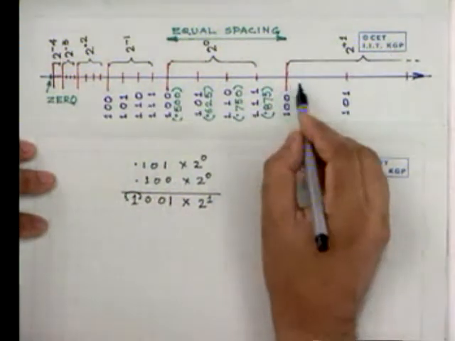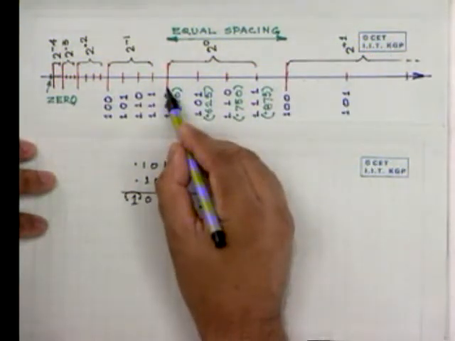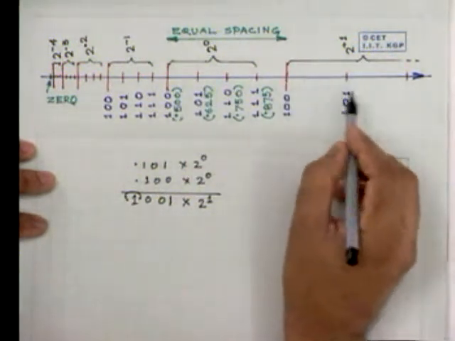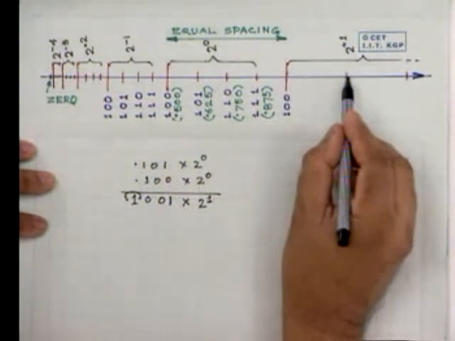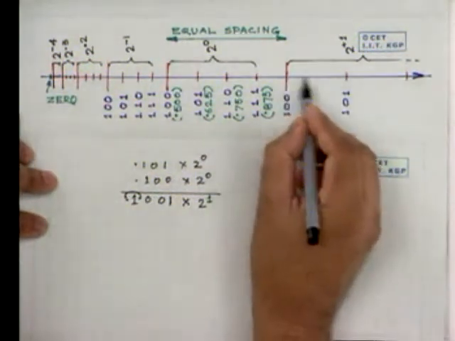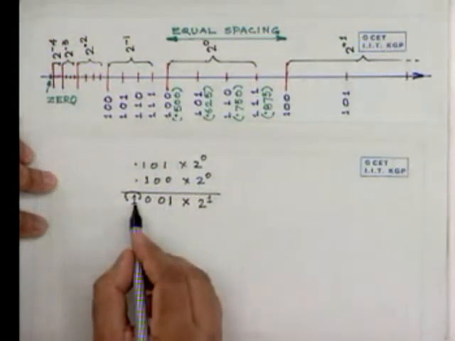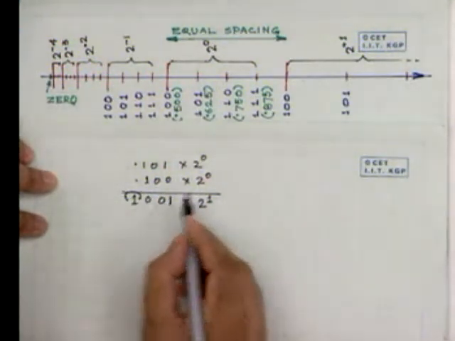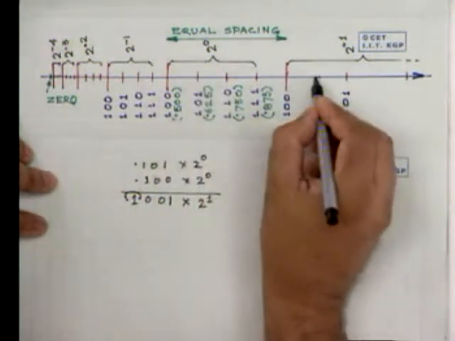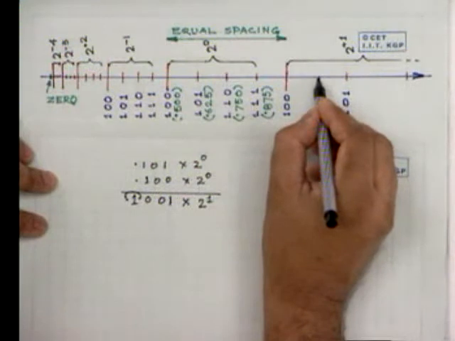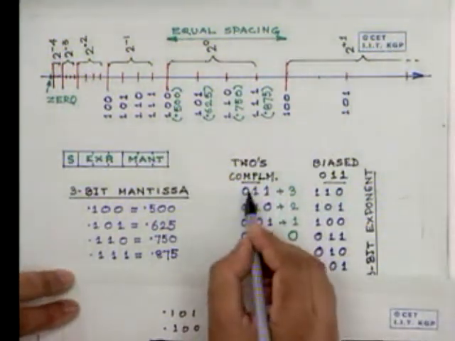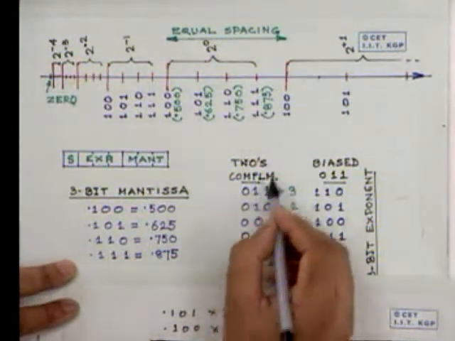Which means that by adding this and this, we have come to a point between these two representable numbers. Somewhere here we have been mapped into. Naturally, this number cannot be represented in this machine where we have kept only 3 bits for the mantissa.